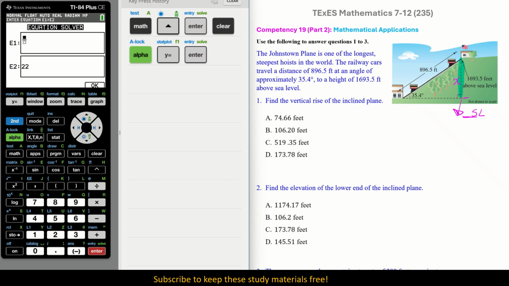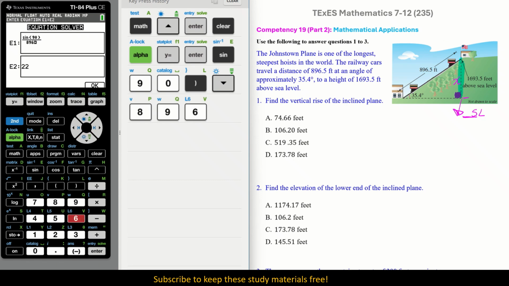We have an angle right here, this 90 degrees, and we have a distance across from it, which allows us to use that particular setup. So we can say sine of 90 degrees over the distance across from it, straight across, which would be our hypotenuse, 896.5. Okay, so we're good there.